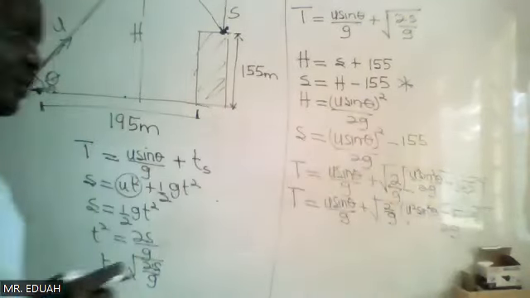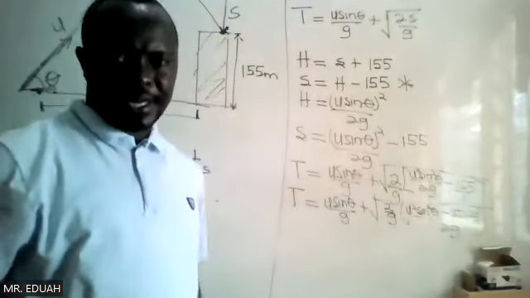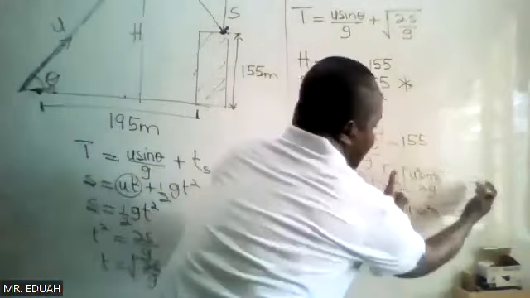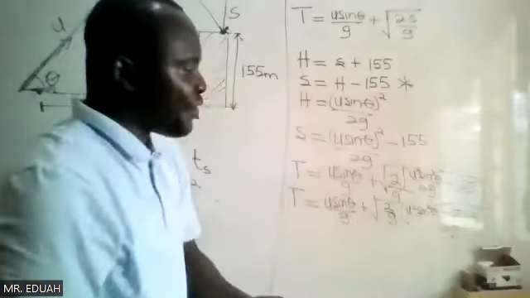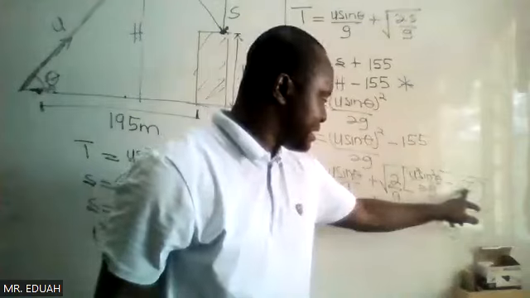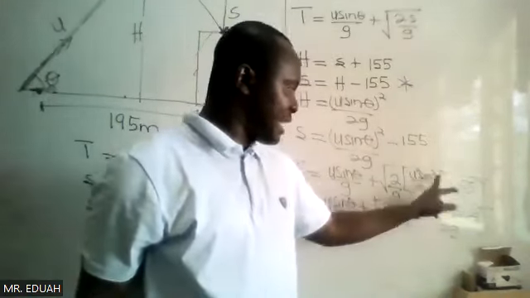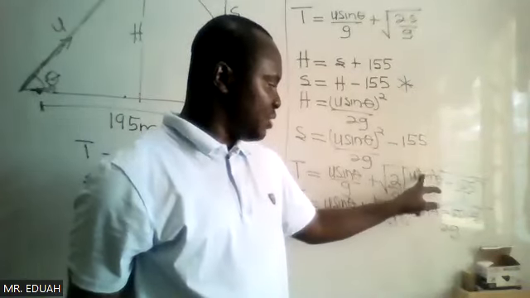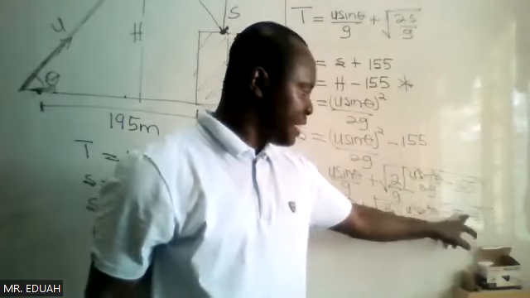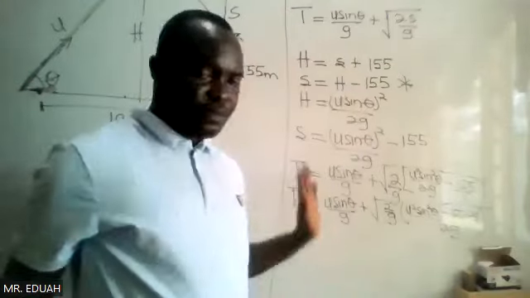Are you clear with what we have here? We are only handling what is within the square bracket, simplifying it. So I multiply this by that, then divide by this times this. 2g times 155, I have 155 times 2g, all divided by 2g.